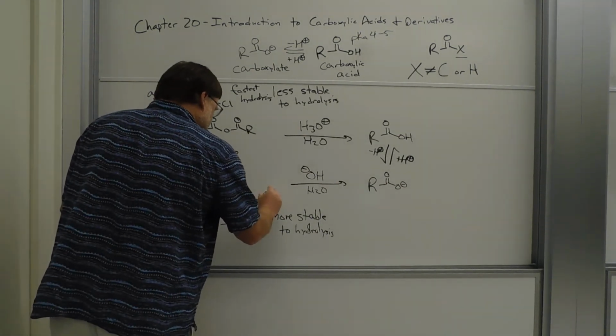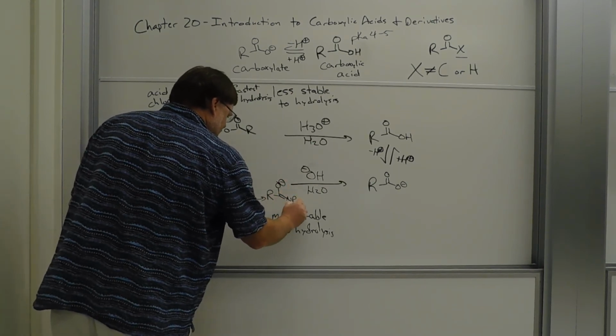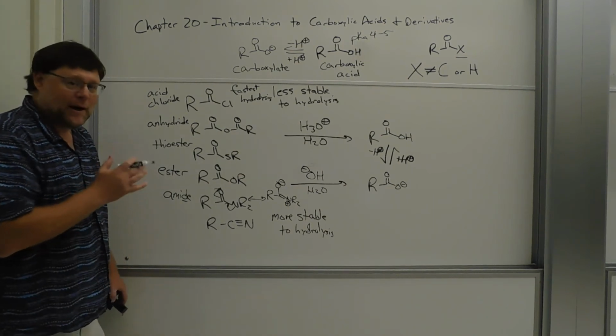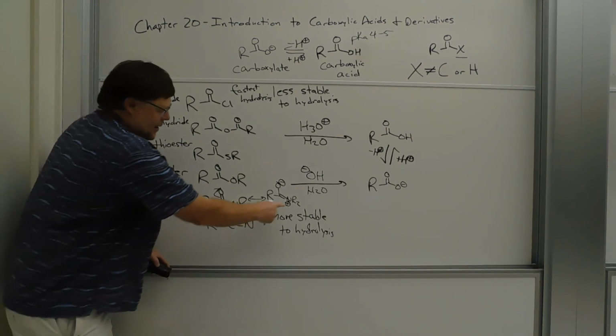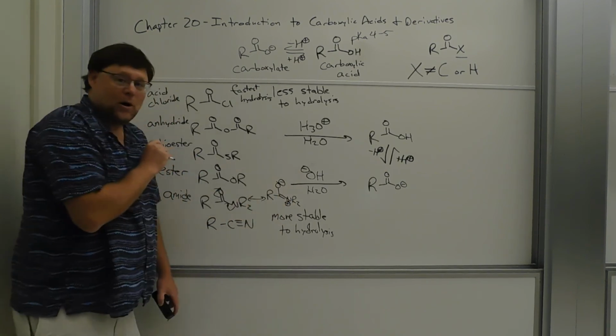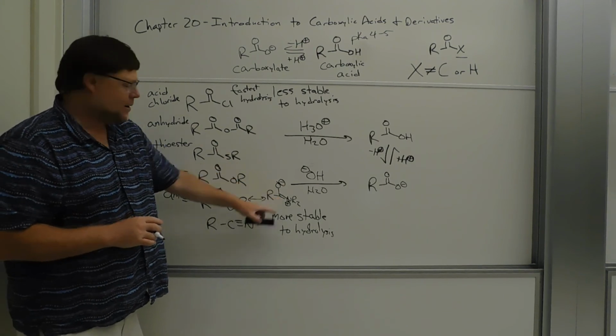We get a resonance structure that for an amide is a really significant contributor. Right? The carbon-nitrogen bond has enough double bond character in an amide that the two groups on the nitrogen and the group on the carbonyl and the O are all coplanar. So this really looks like a carbon-nitrogen double bond.